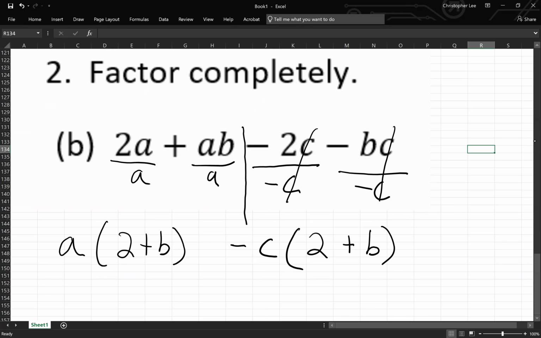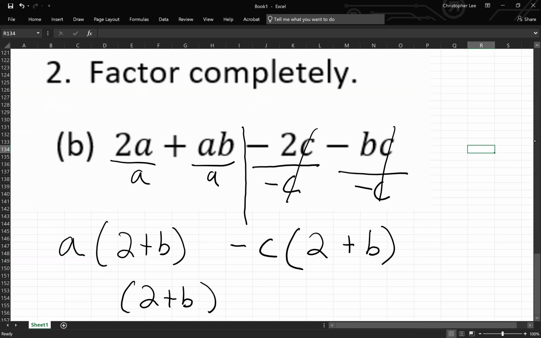Whenever you're doing these types of questions, you should have the same thing in parentheses, right? So let's do the greatest common factor one more time. Both of these terms have what in common? 2 plus b, right? So I'm going to factor out a 2 plus b.